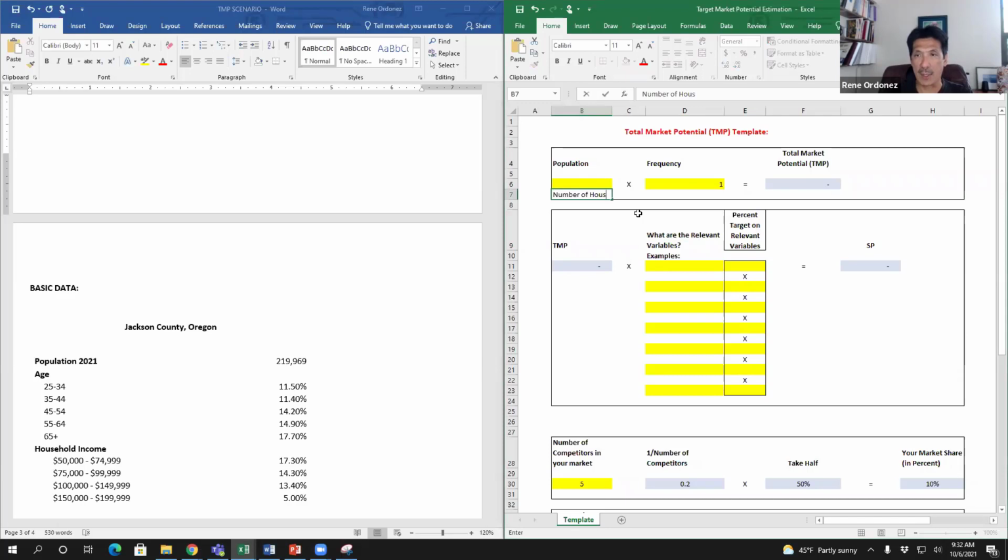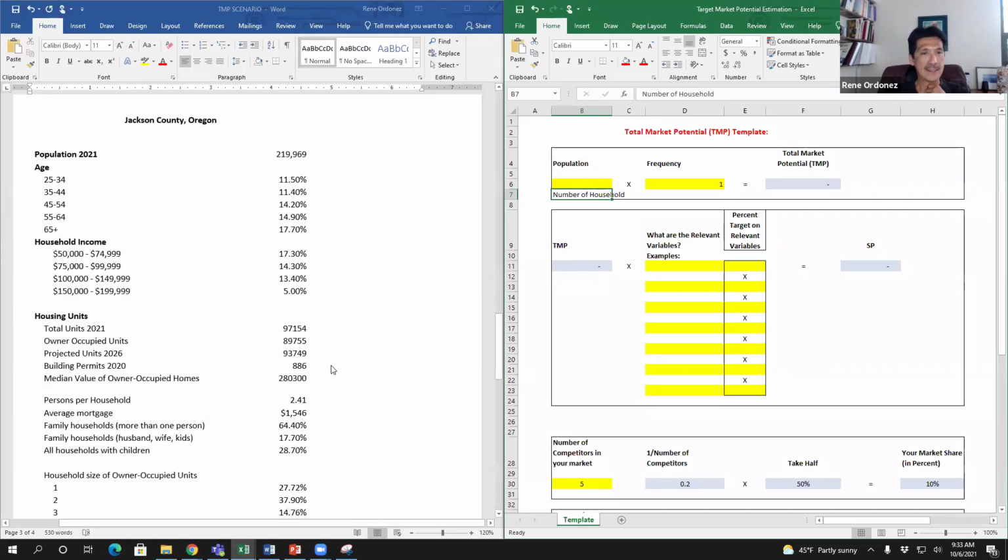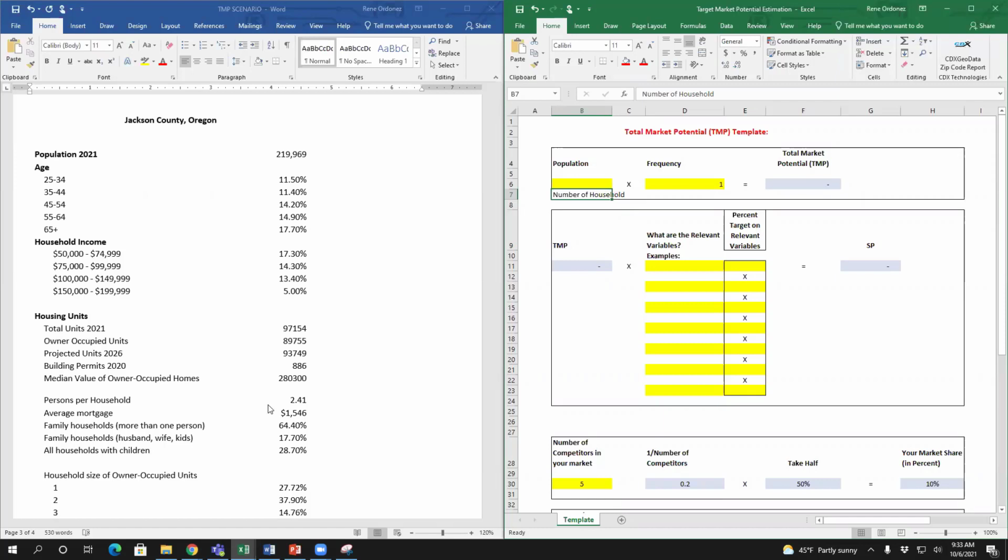Eventually, this will be our target market. How many households are there in Jackson County? Does this set of information provide you with the number of households? No, it doesn't look like it, but we have enough information here that we can deduce it.